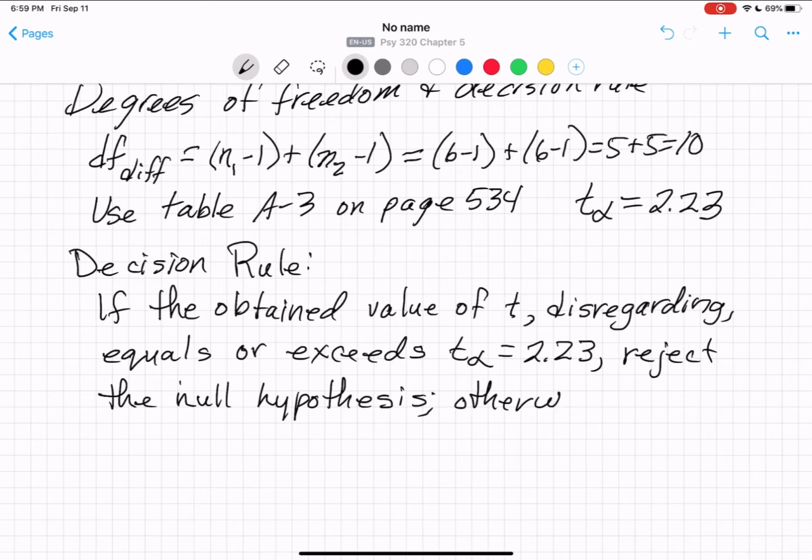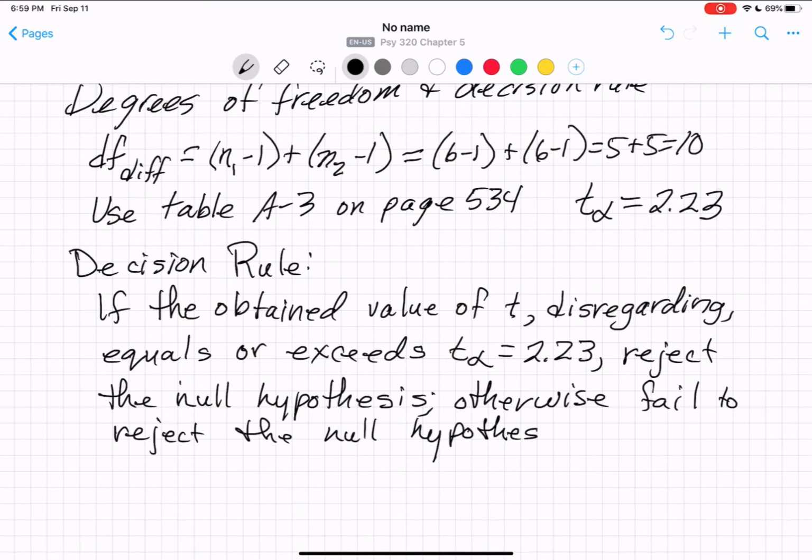Otherwise, fail to reject the null hypothesis. Okay, so that's our decision rule.